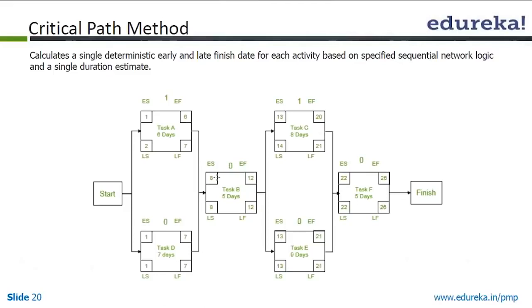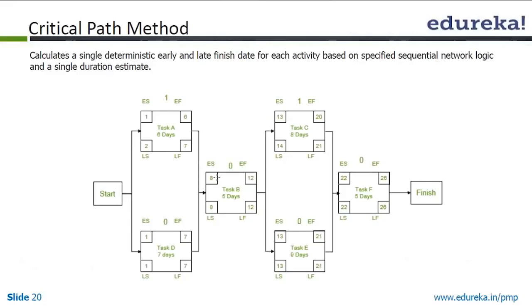So 21, then again you minus 8, that is 13, plus 1, 14 becomes late start for C. Similarly 21 minus 9 is 12, plus 1 is 13. So 13 becomes your late start.